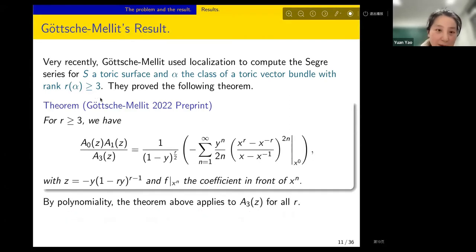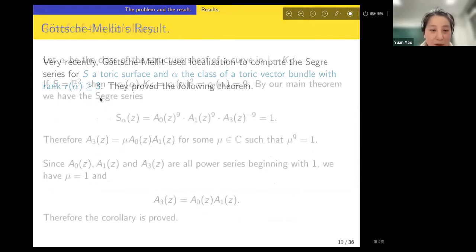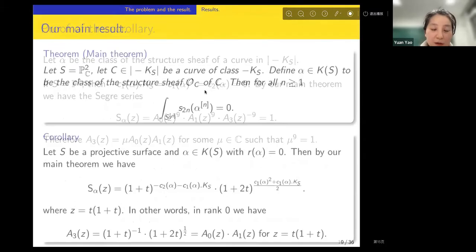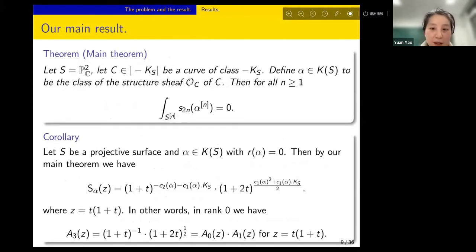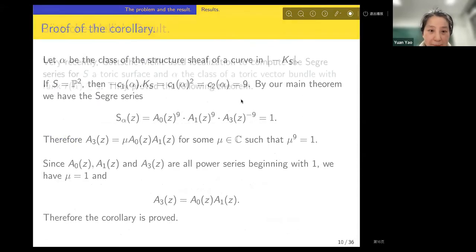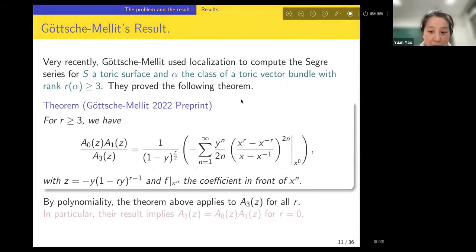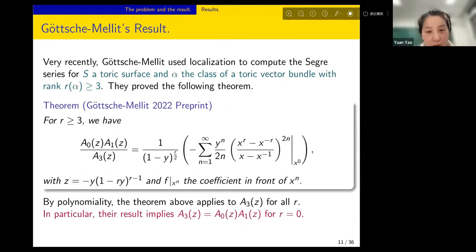But what I did is I computed these Segre integrals for the rank 0 case. I exactly do this case. I don't use any localization, although my surface is toric.